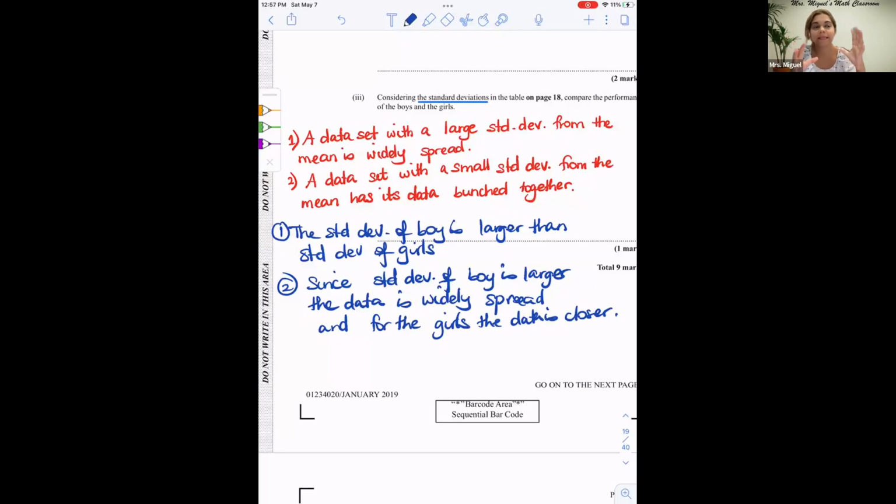A big standard deviation means the data is spread out. A small standard deviation means that the data is more bunched together, meaning that the data is closer together. All right? So that brings us to the end of question 5 of the CSEC paper, which is statistics and probability.